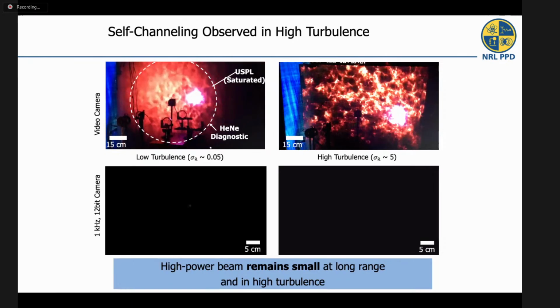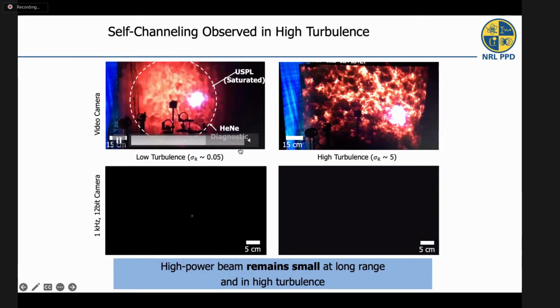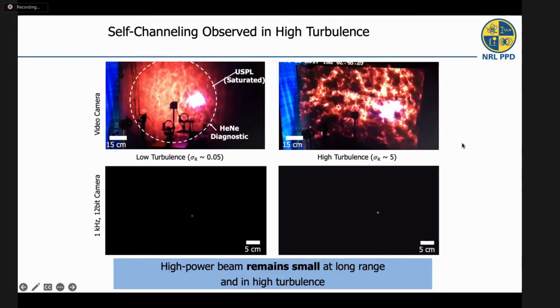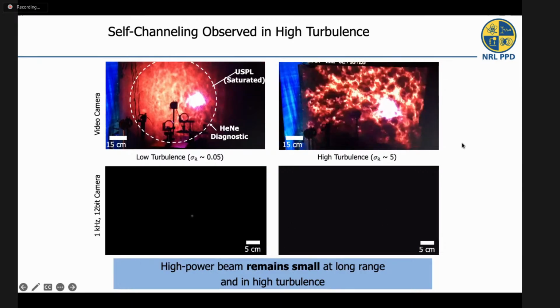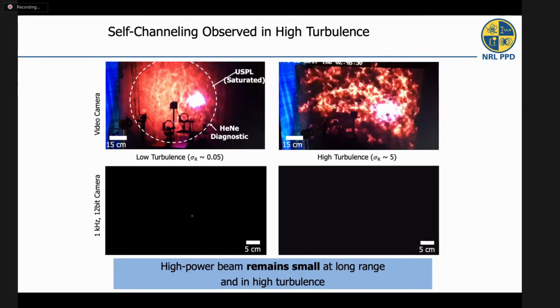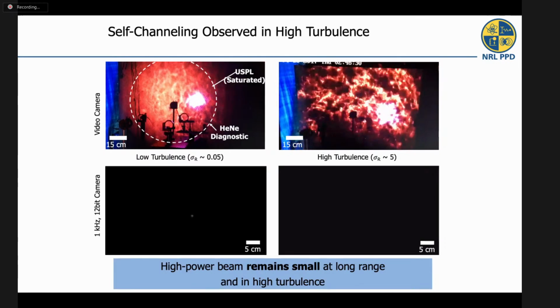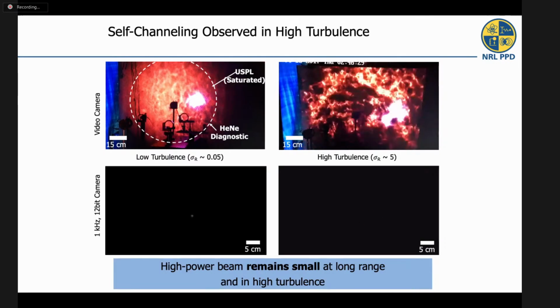As we turn up the turbulence, we see that the turbulence is causing the HeNe to expand well beyond the constraints of our backing board, and we see these very large fluctuations in intensity due to scintillation of the beam.